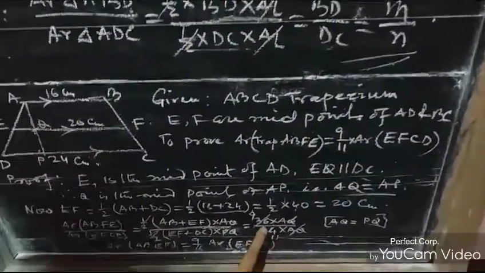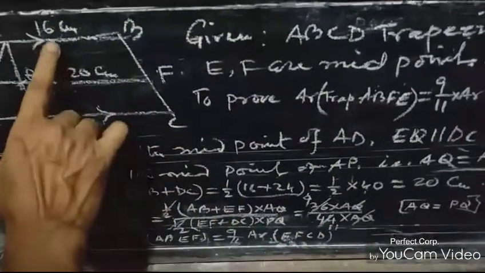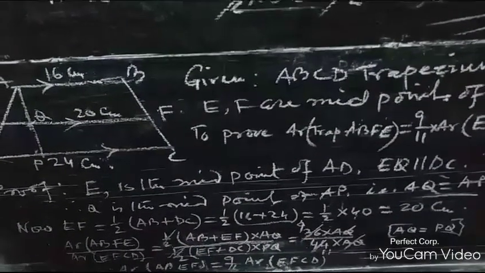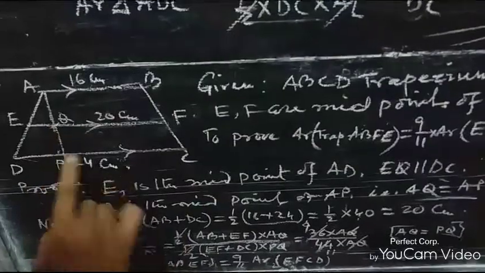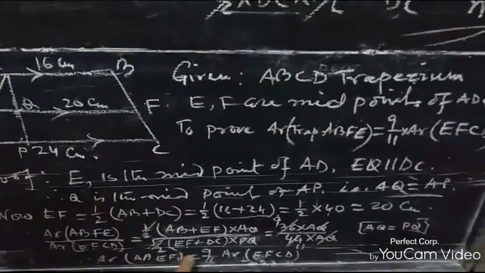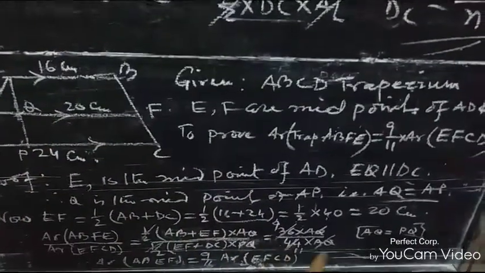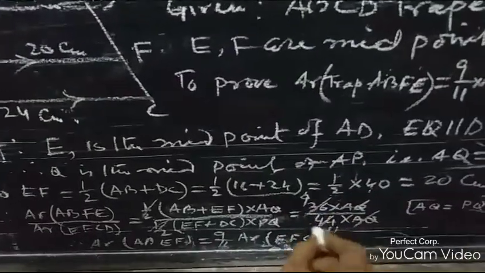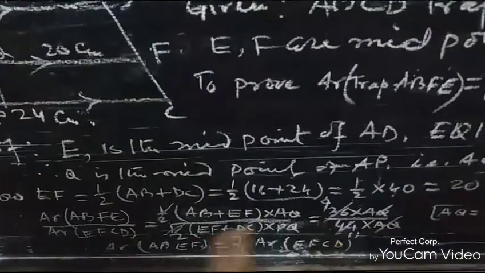Now putting the values, AB plus EF is 16 plus 20, it is 36, half is cancelled off, and AQ equals PQ. We are putting PQ instead of AQ, and EF plus DC is actually 44, and AQ cancels off, and simplifying 36 and 44, this will be 9 by 11.